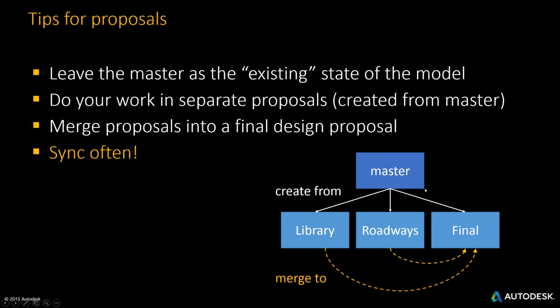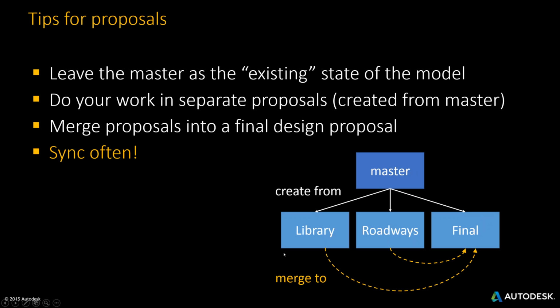The GIS data, the as-is data. So we want to leave that, so we can always pull off of it in the future if we need to. In our case, we created the library proposal from the master, we created roadways from master, and even our final one, everything was created from master. We could have spawned a new proposal from any one of these, but this way we felt that we could control it a bit better.